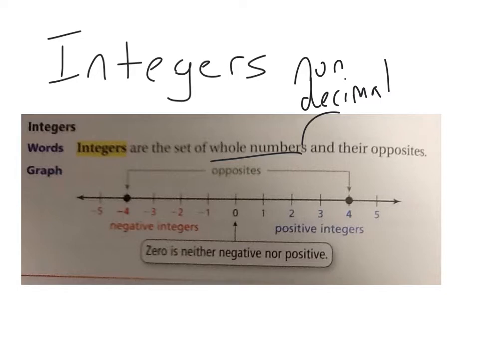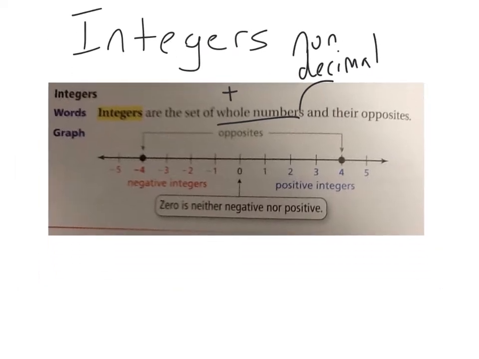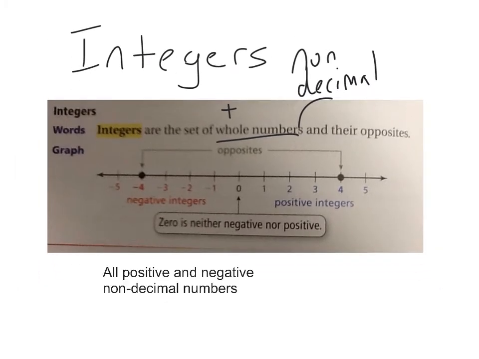So whole numbers intrinsically are positive. So this is another way of writing it: all positive and negative non-decimal numbers. That's what an integer is. Negative 18, integer. Positive 5,402, integer. Negative 166, integer. Okay? Positive, negative, non-decimal.